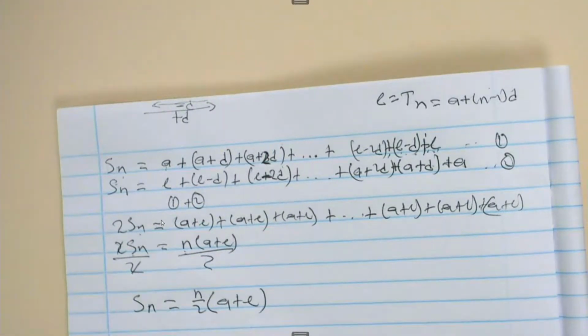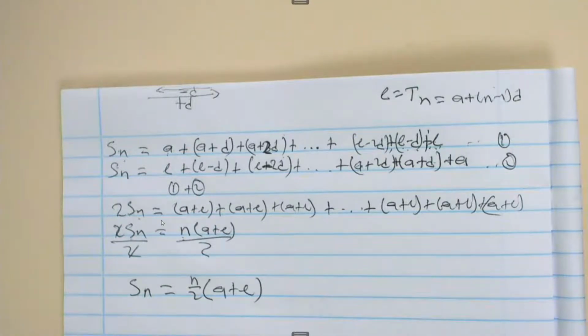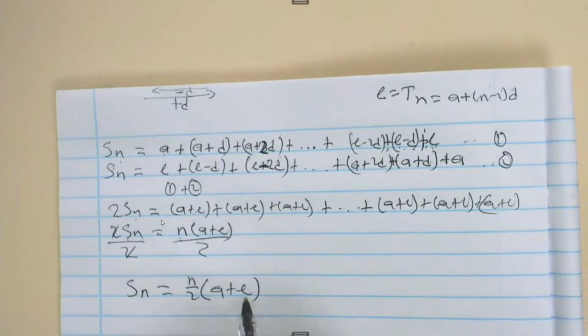Now this is the formula that is used to sum up the terms of an arithmetic sequence. Summing up the terms of an arithmetic sequence, the formula would be Sn equals n over 2 into A plus L. But remember, what is L?